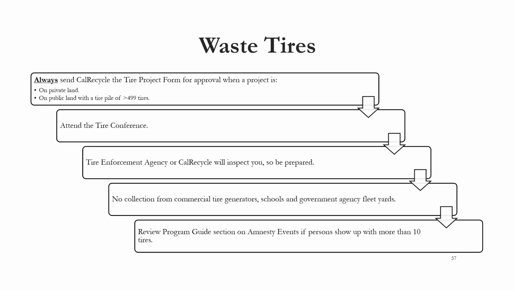And if the local enforcement agency person or the tire enforcement person here from CalRecycle determines by physically going out there that those were illegally disposed tires, then it's possible after the form is filled out and goes through the system that you will receive approval to go pick them up. There's a few other nuances with that, and that you need to have an affidavit signed that you're given permission by the landowner to go pick up the tires.